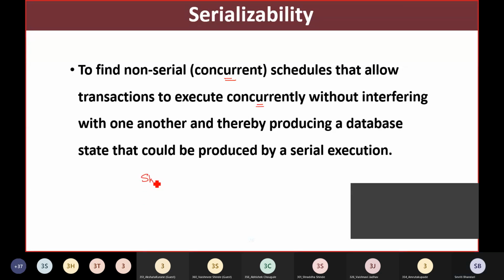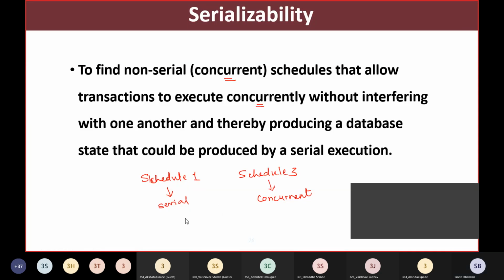Are you getting me? So in our example, we have seen schedule 1 and we have seen schedule 3. So schedule 1 was the serial schedule and schedule 3 was the non-serial schedule or the concurrent schedule. Right? So what we mean by serializability?